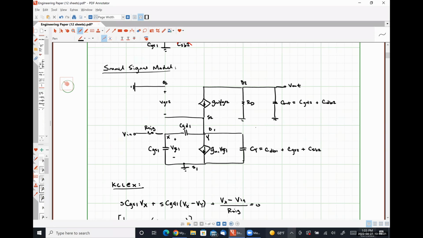So we're going to have current of V out over RD flowing out, the current of V out times S C out flowing out, and then the current of GM times negative VY flowing out. So this is going to give us a transfer function between node Y, this source drain combination, and our output voltage. Okay, so that's working as expected.